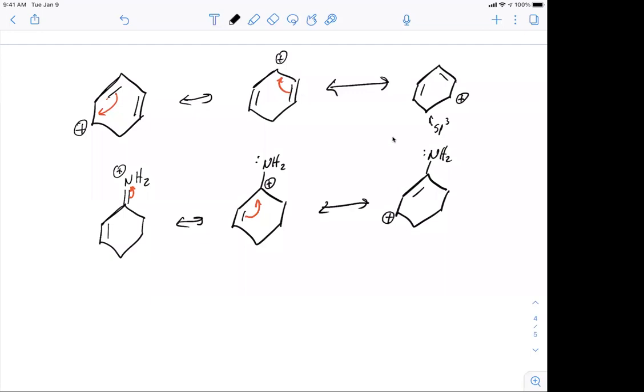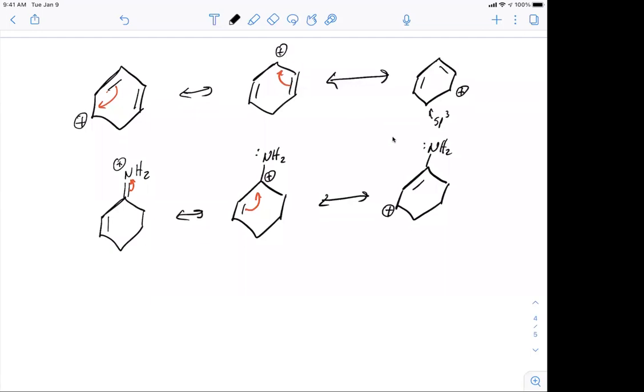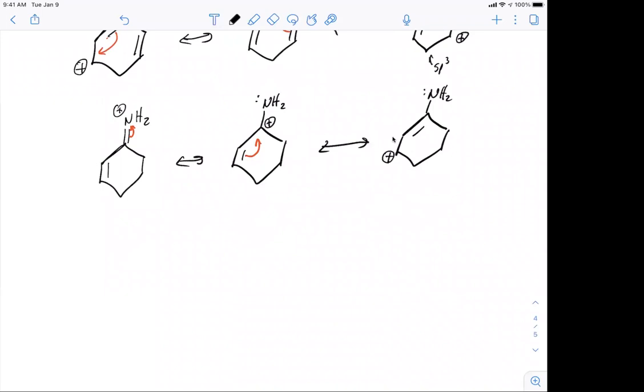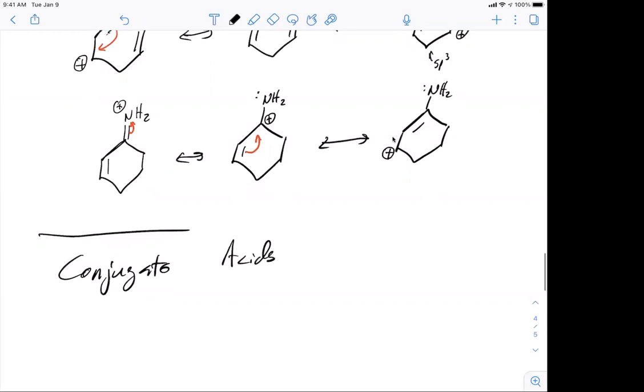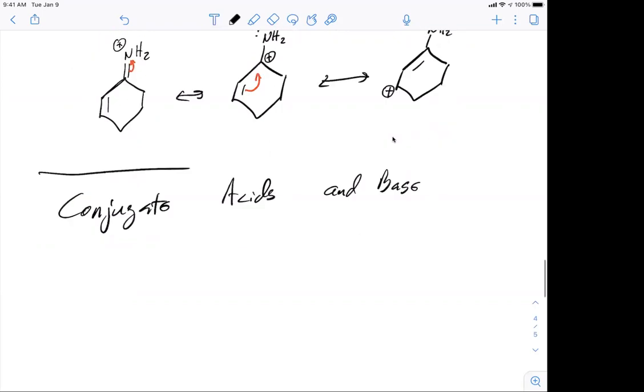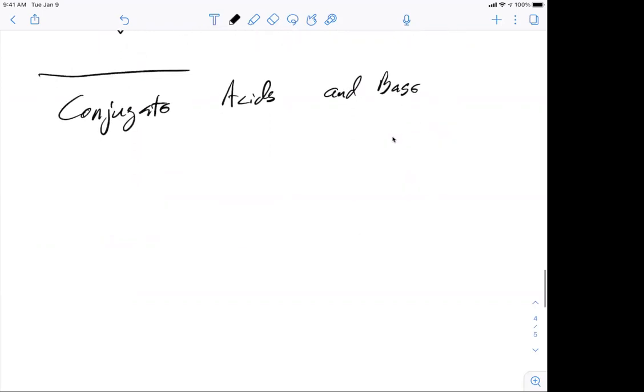Okay. All right. Next, let's look at acids. So we're moving into the acid chapter. So let's do some conjugate acids and bases, right? And what we'll focus on is, I'll put it out here. So let's start with some conjugate bases.